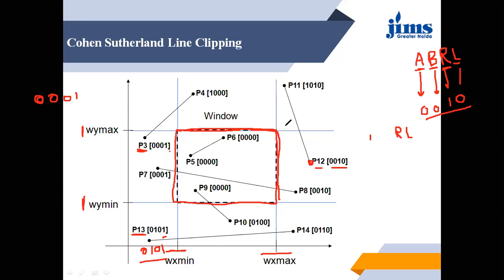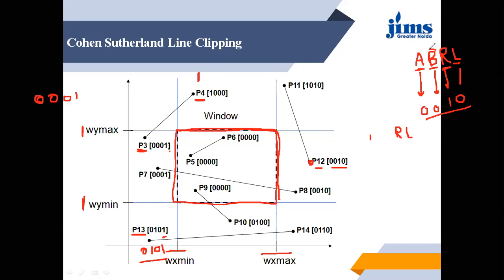In the same way, suppose I want to find out the region code of P4, this endpoint of the line P3 and P4. Then first I will check for the above, then below, after that right, and in the last I will check that is it in the left. So when I am comparing P4 with the window, then this point is above the window, so this bit will be 1.